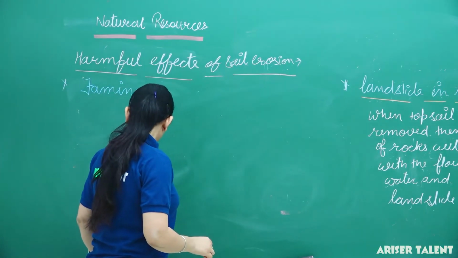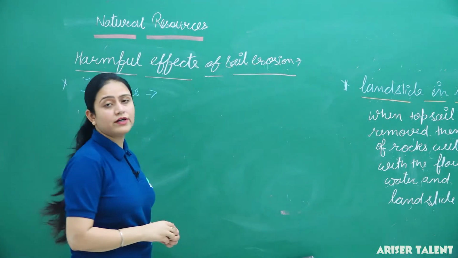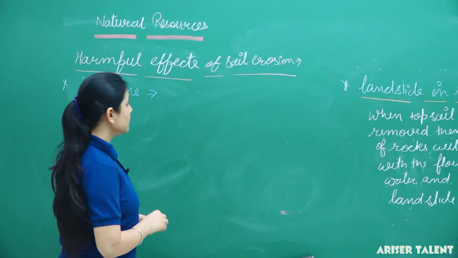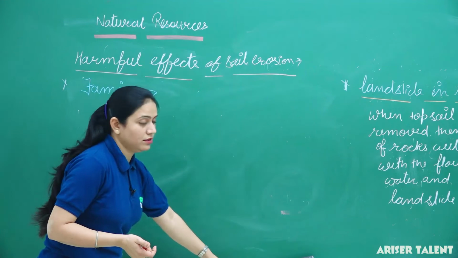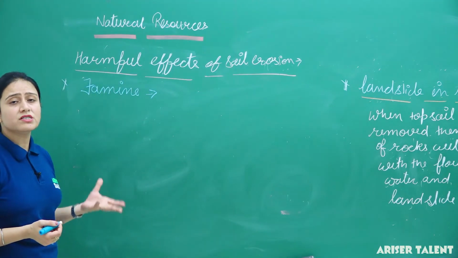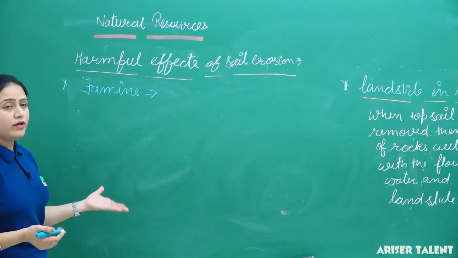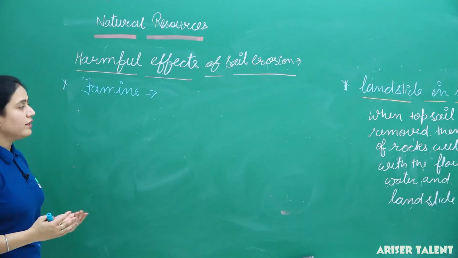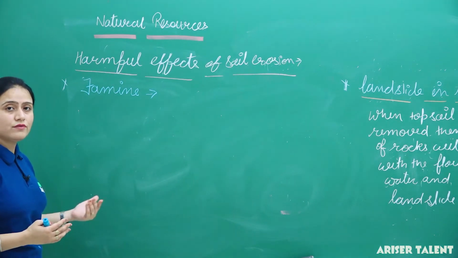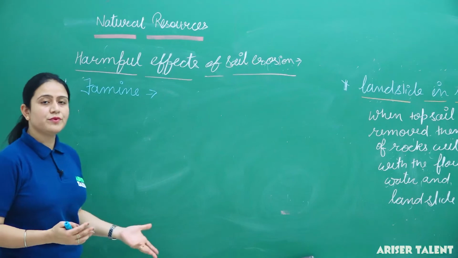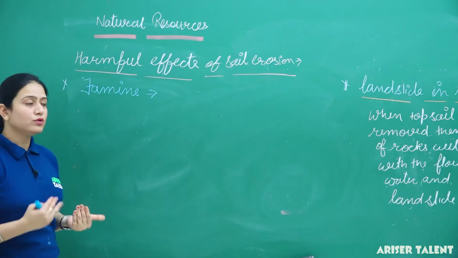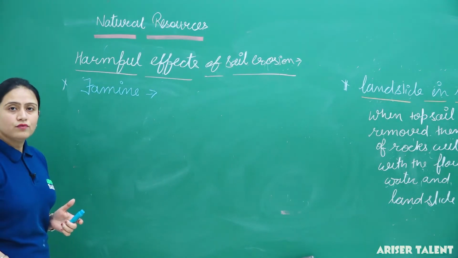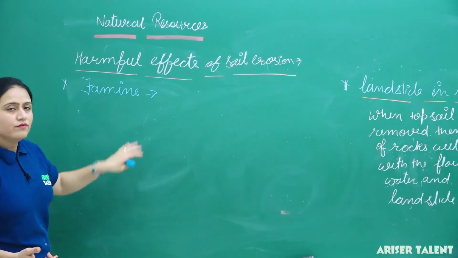If the top fertile soil is washed away, then we cannot grow plants there. Why? Because the topsoil contains all the humus, minerals and water. Once it is washed away, only the subsoil, which is infertile in nature, is left behind, and then we cannot grow plants there. And once we cannot grow plants, we cannot get food, and thus it will cause famine.